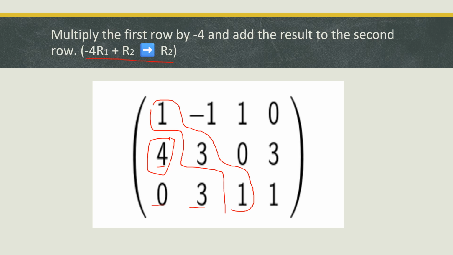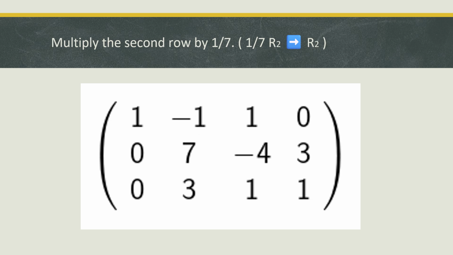Negative 4 row sub 1 plus row sub 2 to produce new row 2. If we apply that elementary row operation, we get this new row 2, that is 0, 7, negative 4, and 3. Our next goal is to make the 7 into 1, because a leading coefficient should be equal to 1, right? So let's multiply the second row by 1/7, 1/7 row 2 to produce new row 2.